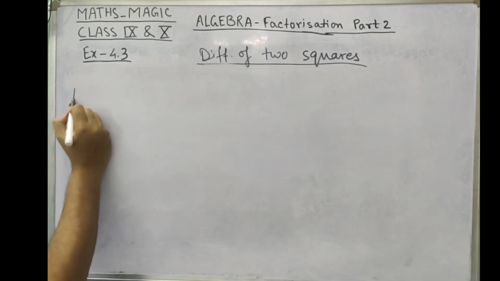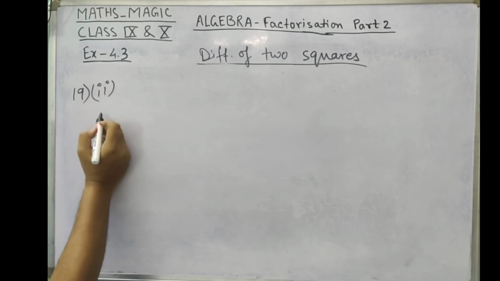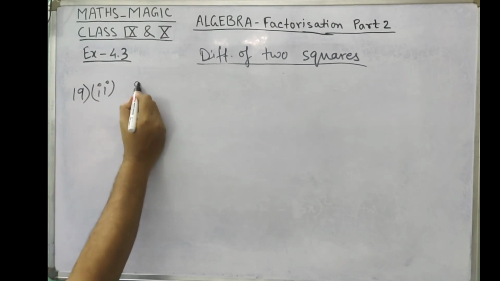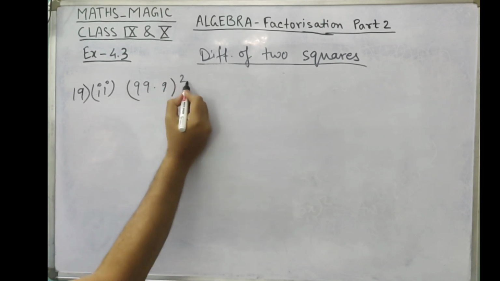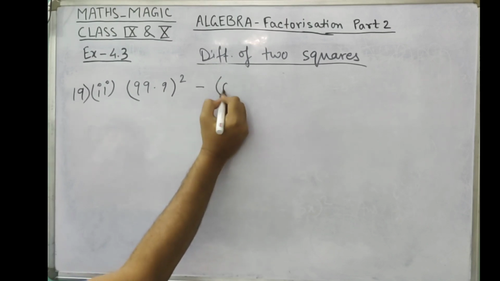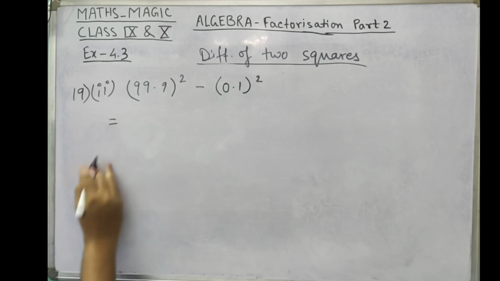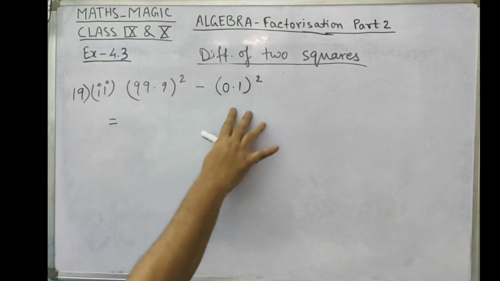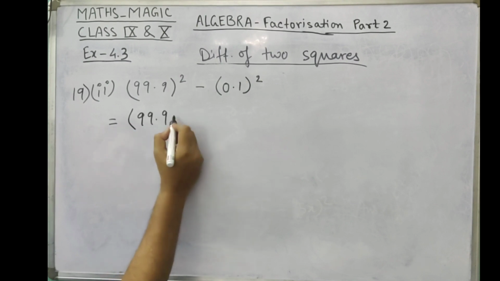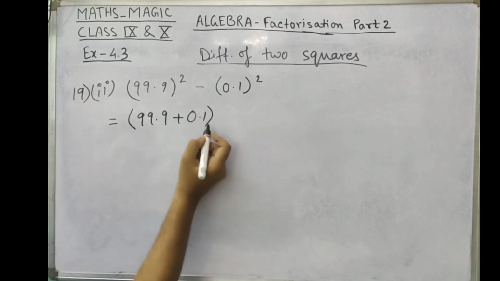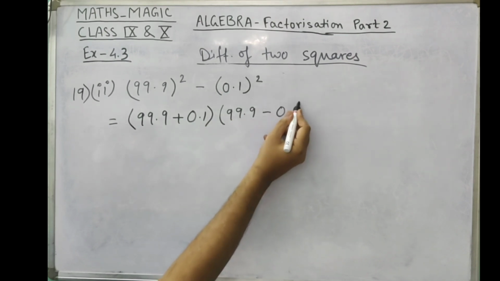Let us do the last one, 19 part 2. 99.9 whole square minus 0.1 whole square. So this is again like a square minus b square. So what is the formula? a plus b, a minus b.